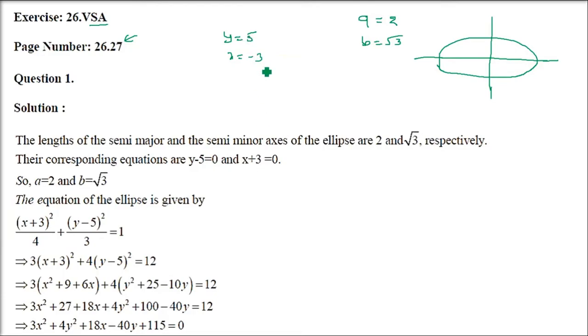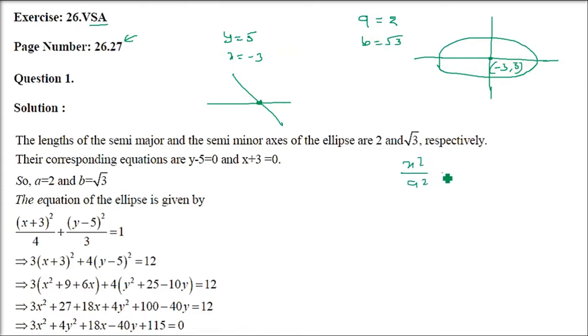So when we solve it, we get y equals 5 and x equals minus 3. So if these two were the lines, y minus 5 equals 0, x plus 3 equals 0, that means y is 5 and x equals minus 3. So minus 3 and 5 is the center of this ellipse.